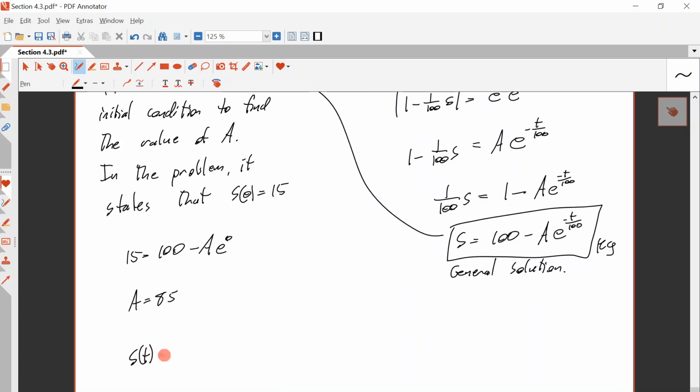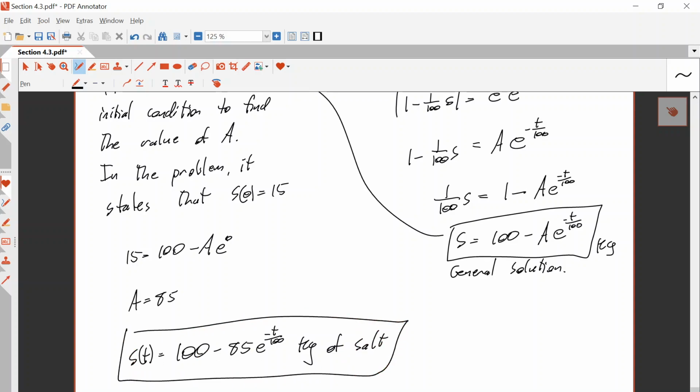So s of t is equal to 100 minus 85 e to the minus t over 100 kilograms of salt. Right, so that's our function right there, measuring the kilograms of salt in the tank at time t.